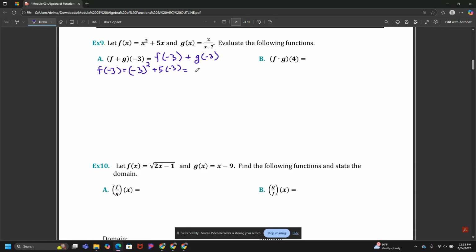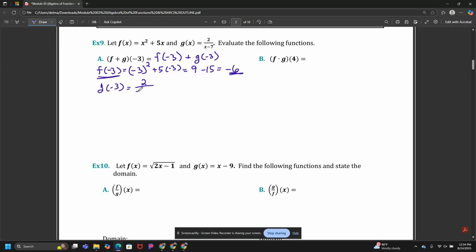Negative 3 squared is 9. 5 times negative 3 is negative 15. 9 minus 15 is negative 6. Okay, so that's that.